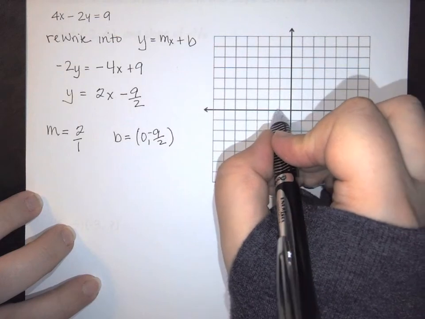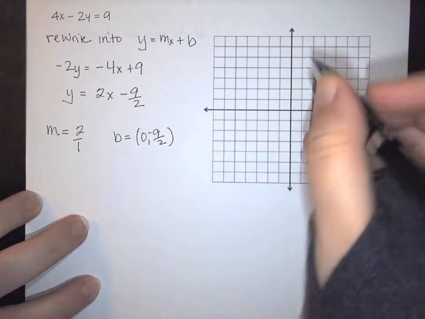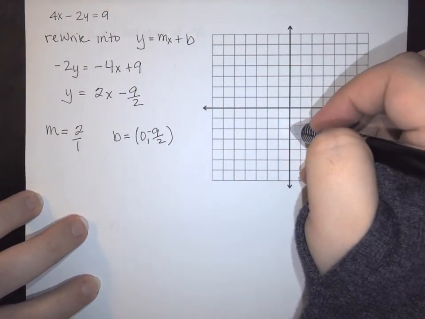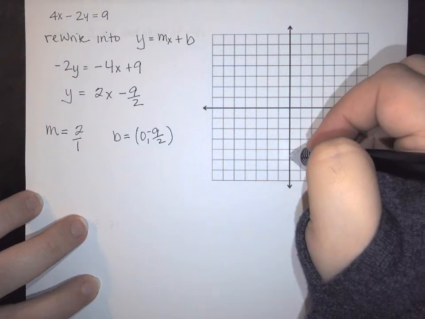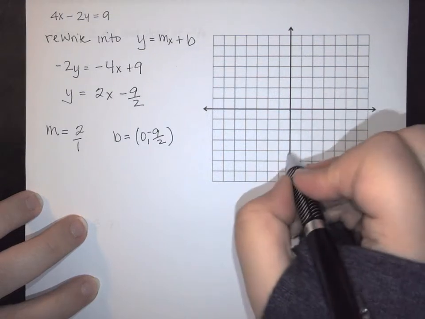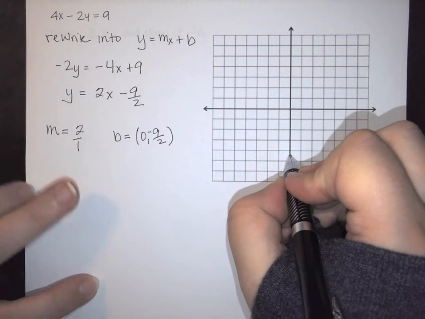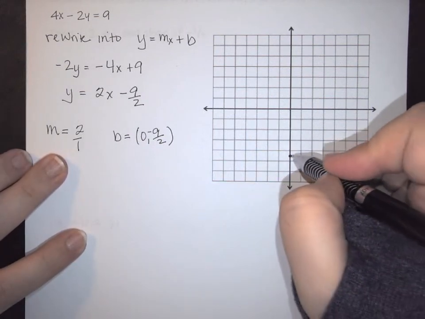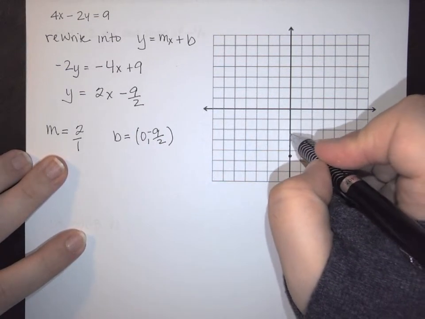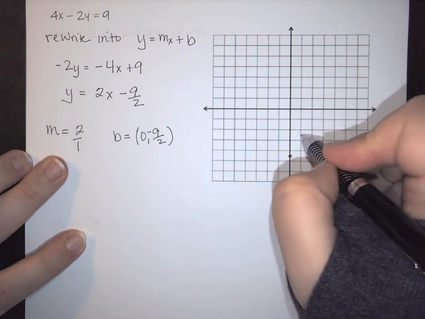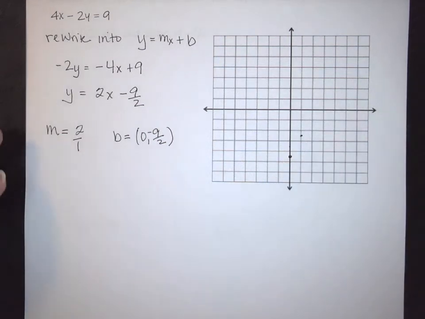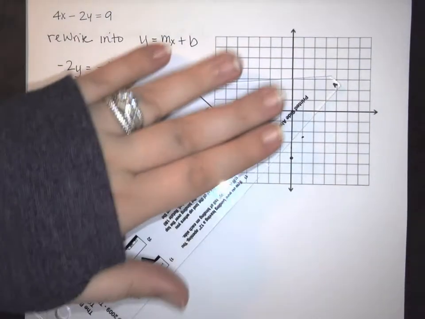So we're going to go 1, 2, 3, 4, and go down a half. And now our slope is up 2, so we're going to go up 1, up 2, over 1. And so here's that next point. And then we're going to go ahead and connect our points here.